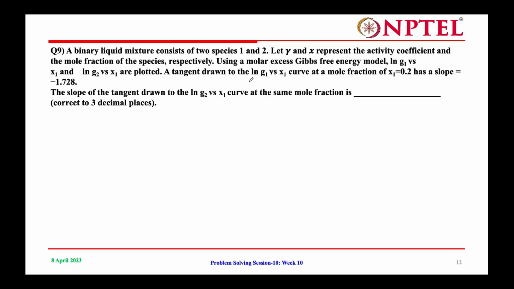A tangent drawn to the ln gamma 1 versus x1 curve at a mole fraction of x1 = 0.2 has a slope of minus 1.728. The slope of the tangent to the ln gamma 2 versus x1 curve at the same mole fraction is?